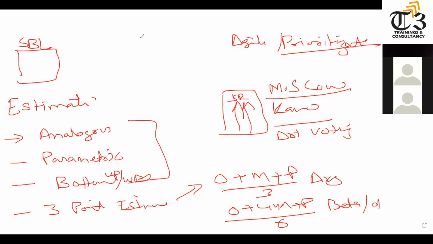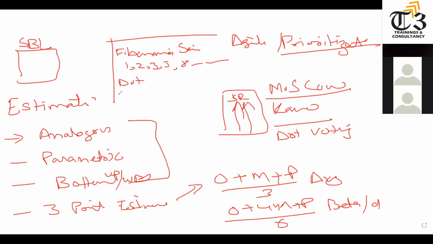If you are working in agile, it's very easy. They say do not complicate it. You can use the Fibonacci series: 1, 2, 3, 5, and so on, add on the previous one. 1, 2, 2 plus 1 is 3, 3 plus 2 is 5, 5 plus 3 is 8, and so on. We can use dot voting. In agile, we have fist of five, it's not a part of PMP.